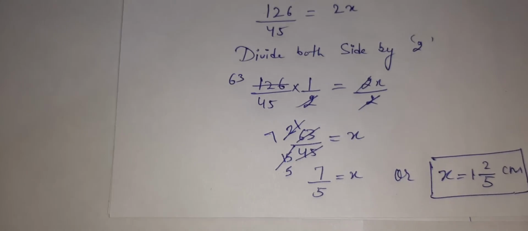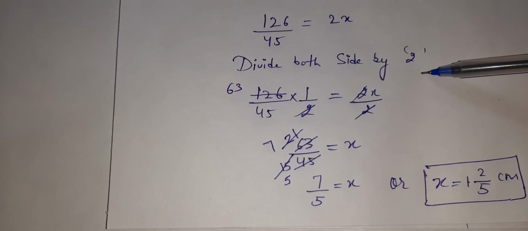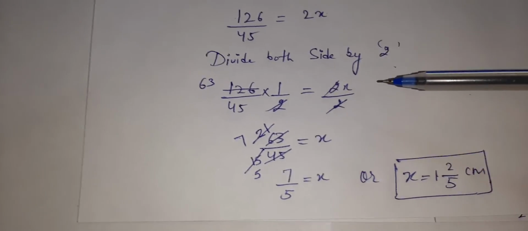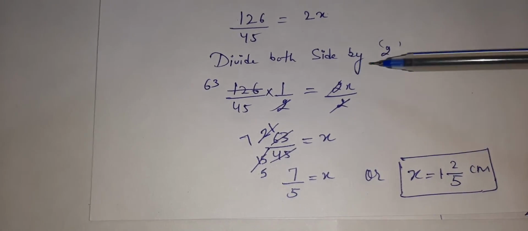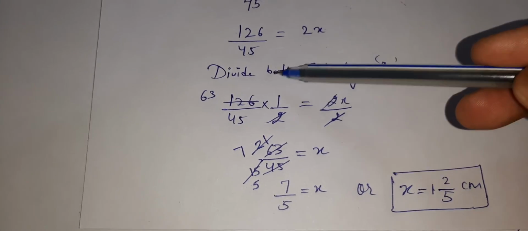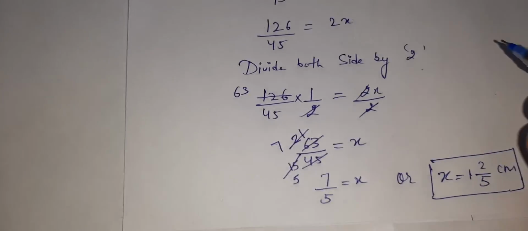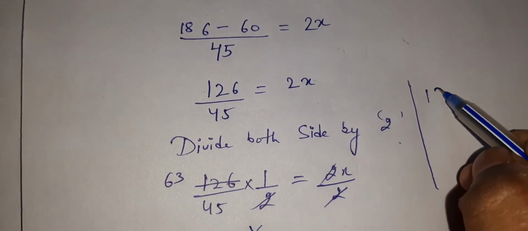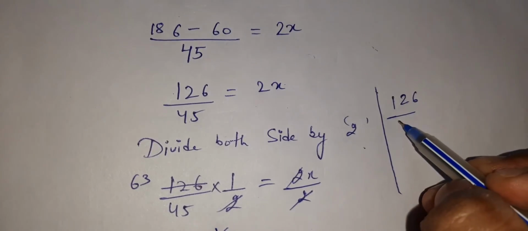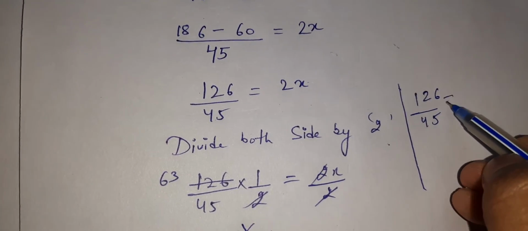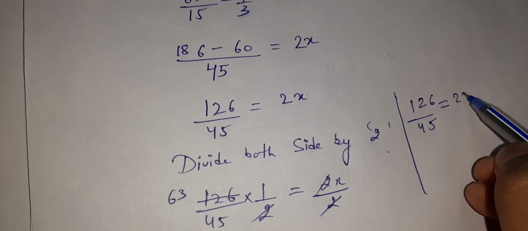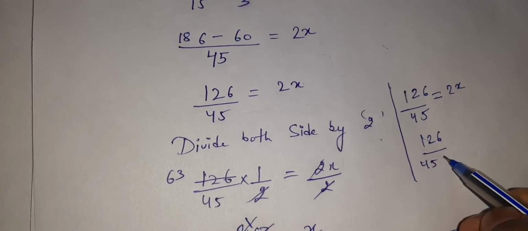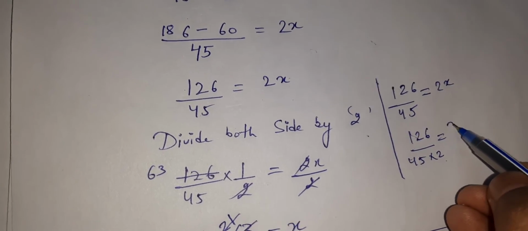1 2 by 5. Beta, in this particular step you can bring this 2 in the denominator also. If you don't want to divide, you don't want to mix the methods, so divide both sides by 2 also you can do, or you can bring this 2 in the denominator also and you can easily cut it. X will remain as it is. I'm just writing it here. See, 126 upon 45 is equal to 2x. 126 upon 45 into 2 you can write is equal to x.